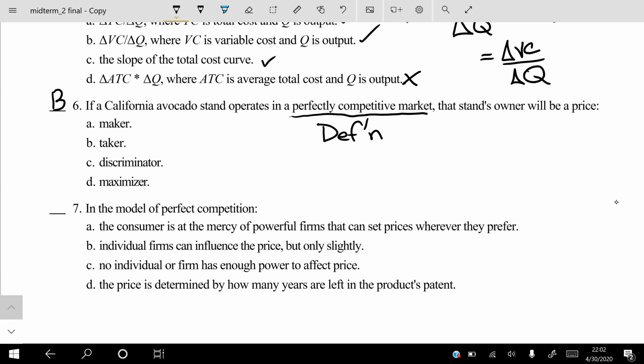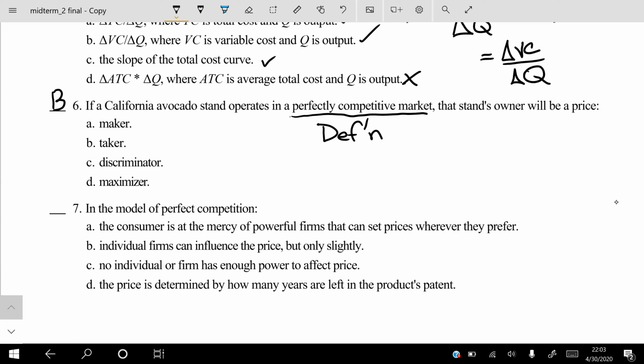In the model of perfect competition, let's see what the statements say. The consumer is at the mercy of powerful firms that can set prices wherever they prefer. Individual firms can influence the price, but only slightly.